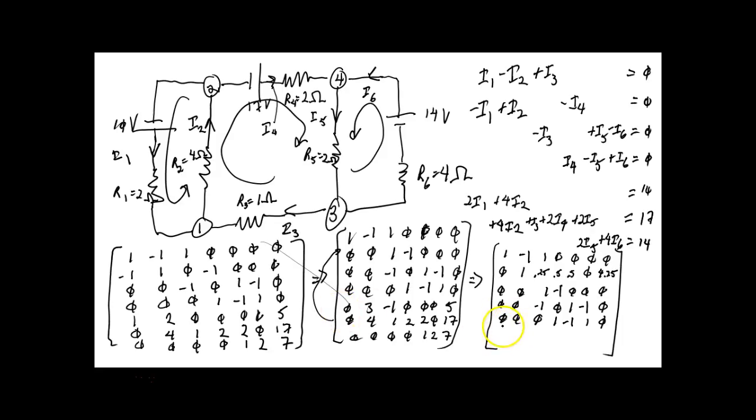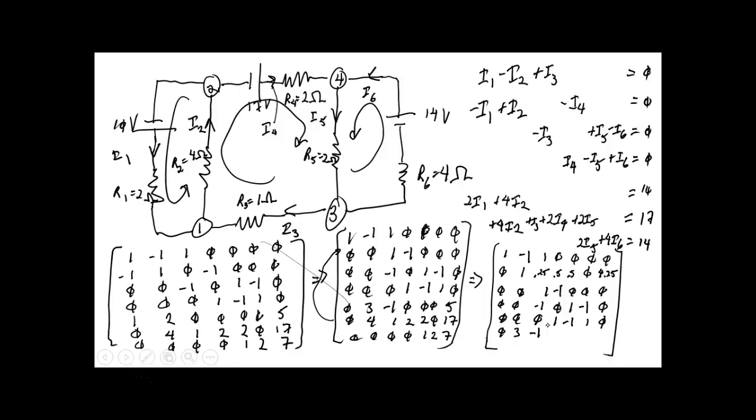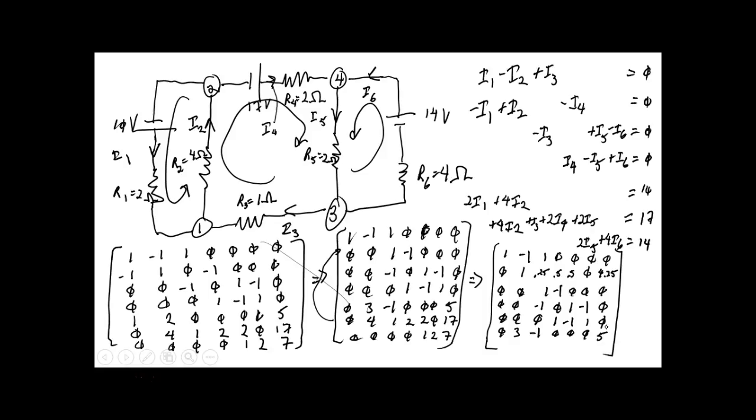And then the next one's your 0, 3, minus 1, 0, 0, 0, 5, 0, 0, 0, 5. And then the last row is that last one, 0, 0, 0, 0, 1, 2, and 7.